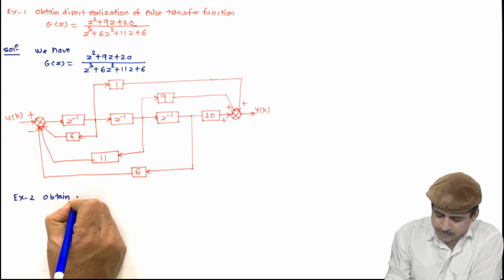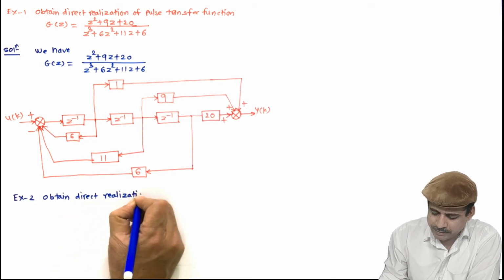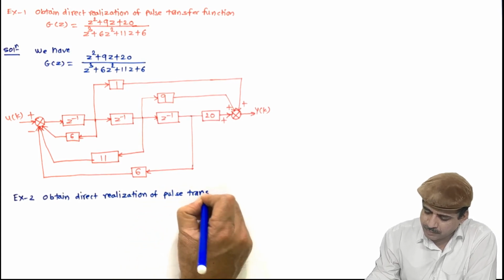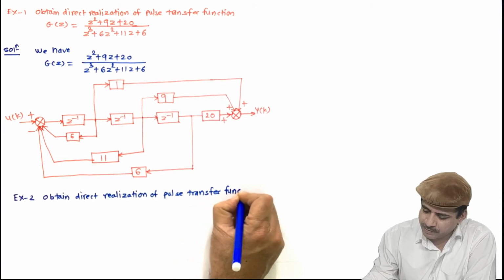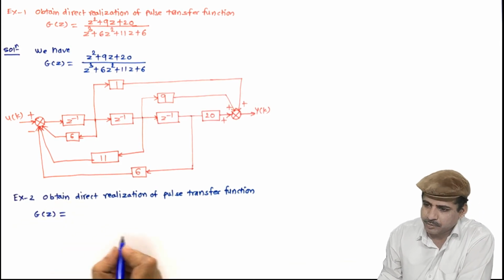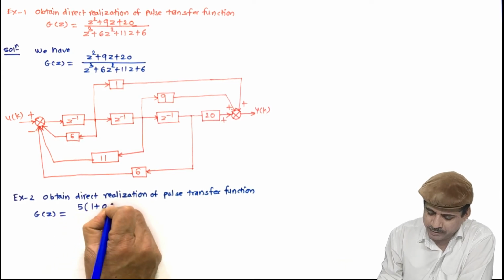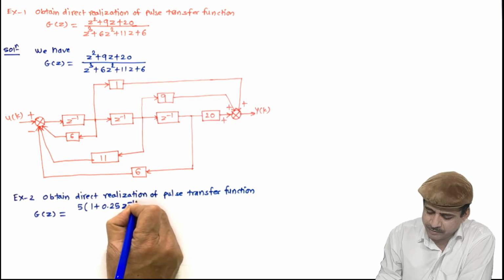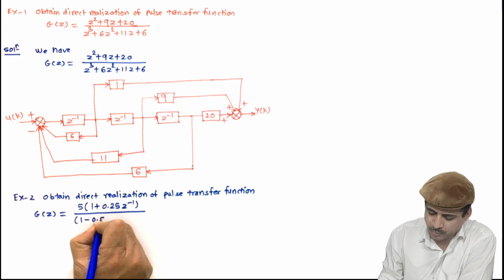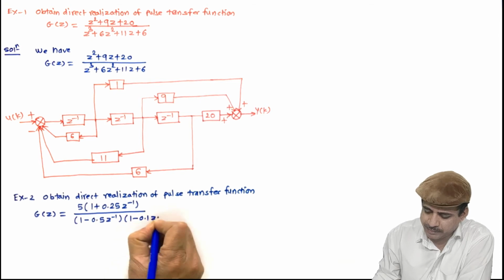Obtain the direct realization of the pulse transfer function G of z equal to 5 into bracket 1 plus 0.25 z raised to minus 1, divided by 1 minus 0.5 z raised to minus 1 into 1 minus 0.1 z raised to minus 1.